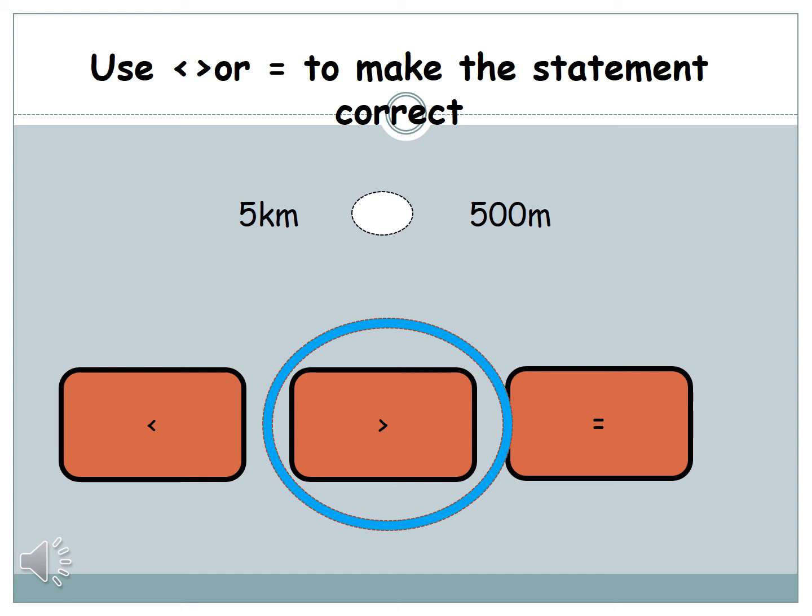So 5 km is greater than 500 metres because we know there are 1,000 metres in a kilometre. So if we were to convert 5 km into metres, we would do 5 times 1,000, and 5,000 is greater than 500.